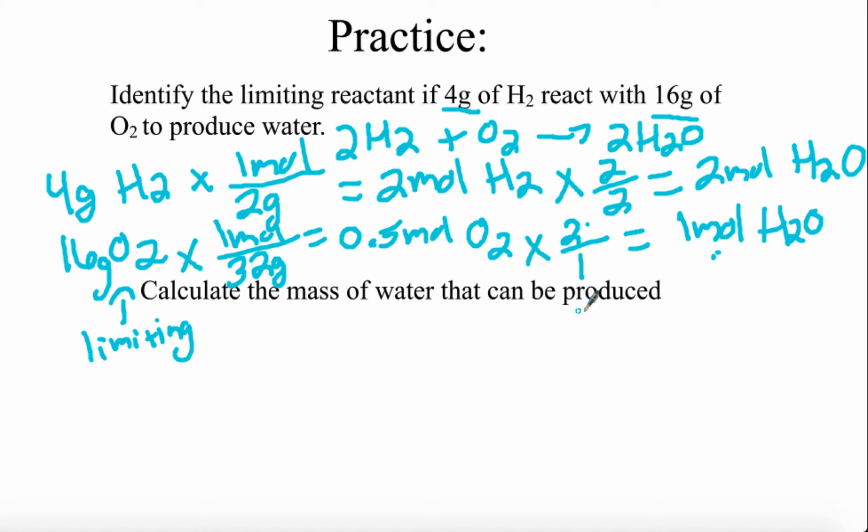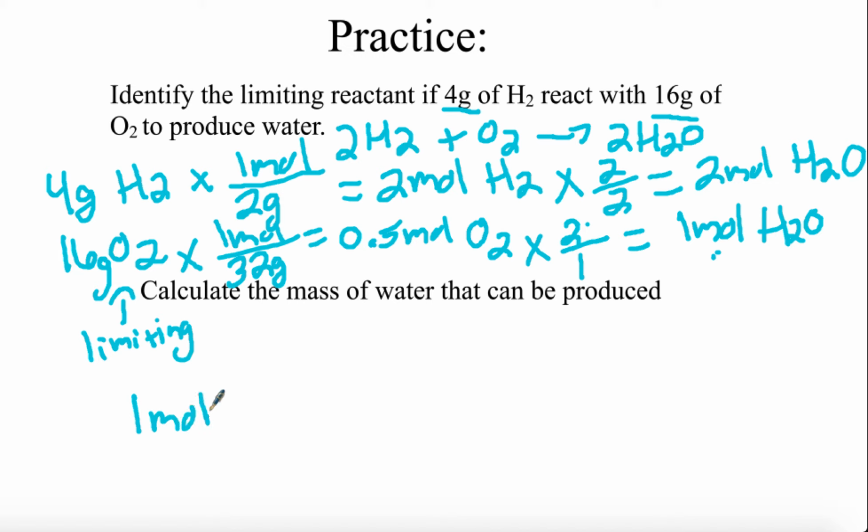So now we want to calculate the mass of water that can be produced. Well, we just figured out we can't make more than 1 mole of water. It's impossible to make 2 moles because of the fact that I have no more oxygen left. So if I have to figure out the mass of water that can be produced, I need to know how many moles of water I can make. I can only make 1 mole.